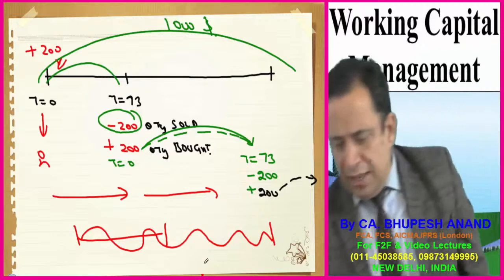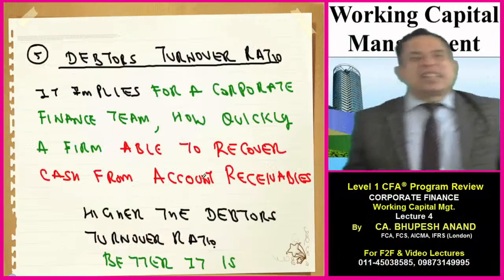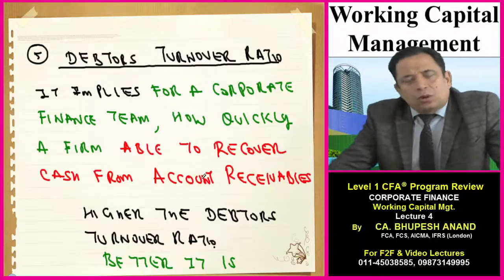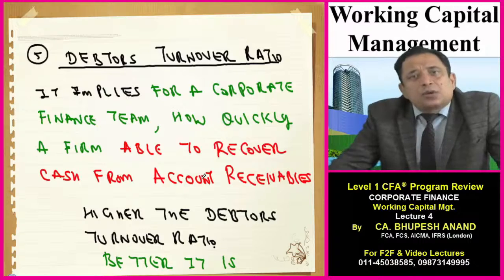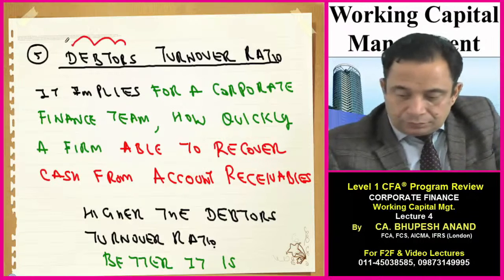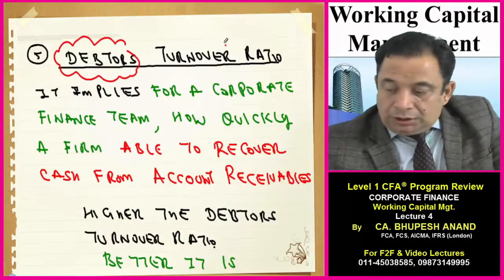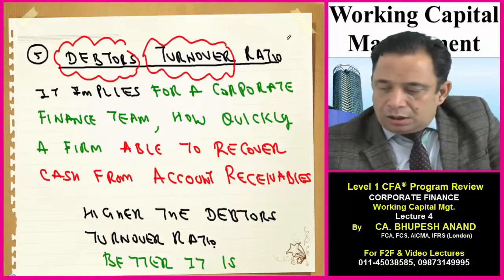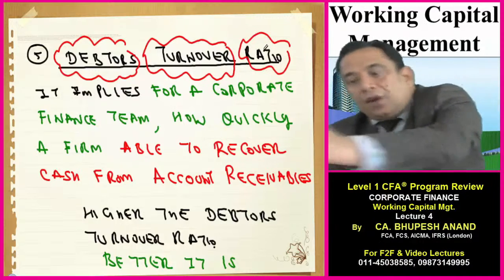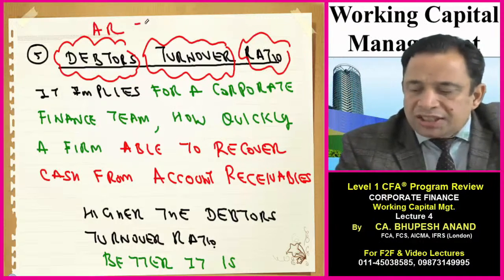That ratio is named the debtors turnover ratio. In the next lecture, we'll be discussing other ratios also, but the debtors turnover ratio, or I can say the accounts receivable turnover.